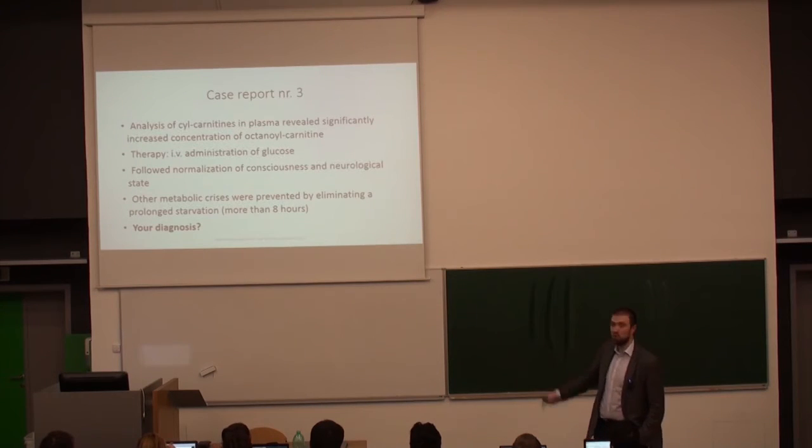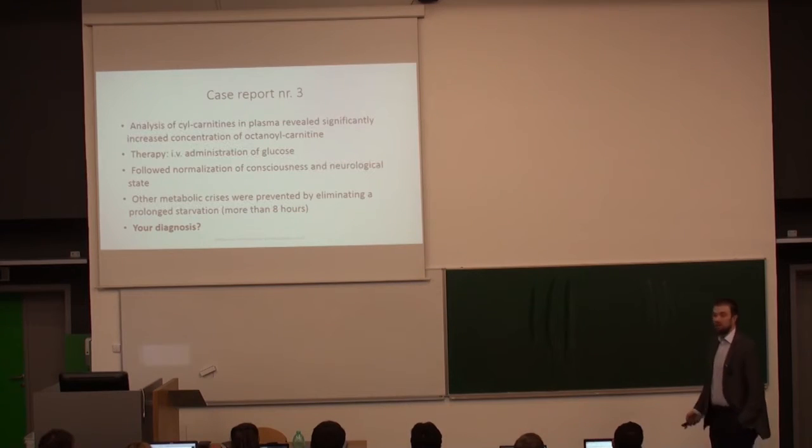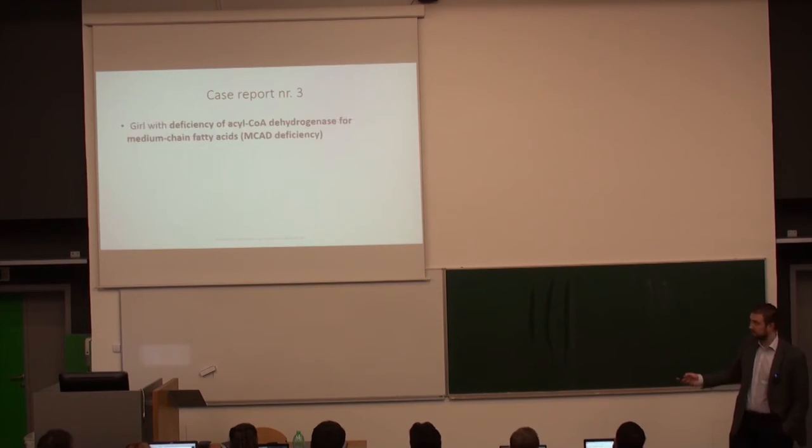And as I will explain to you, that's the typical thing you see. The thing that's accumulating will be bound to carnitine, and that you will measure in the blood. Typically, you do not measure it since your beta oxidation is working. But in this state, you will make the opposite direction of the shuttle, and the carnitine will be in the form of acylcarnitine in the blood. So this is the alteration of the metabolism.